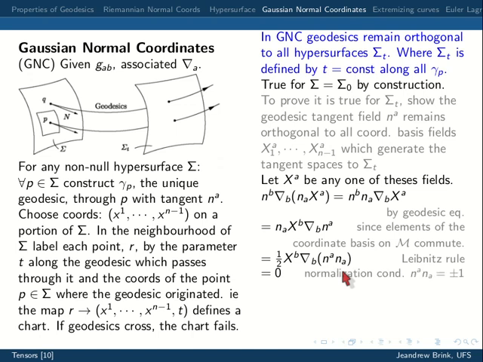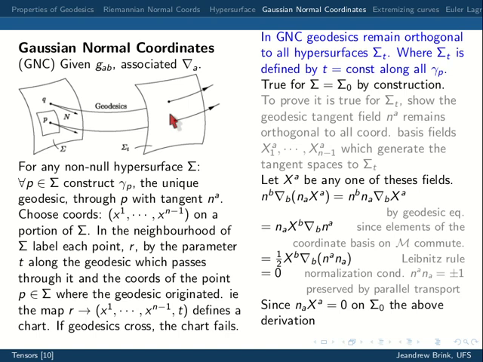And so you have the property that the basis vectors over here, because you're moving, are exactly the same as the basis vectors in the manifold over there. So that's something to remember.